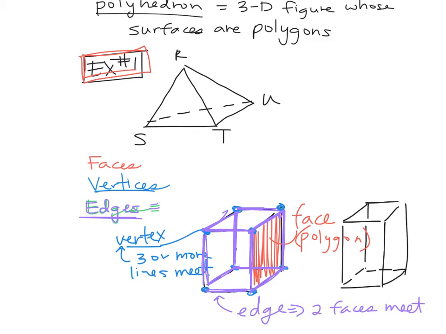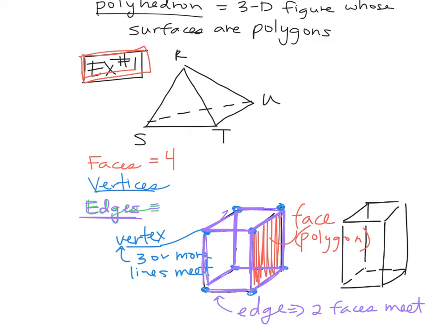Has a triangle on bottom, and the triangles around the edges. 4, right? If it was a square face, then it would have 5, right? So it's always however many sides your base has plus 1. So this would have 4 faces.